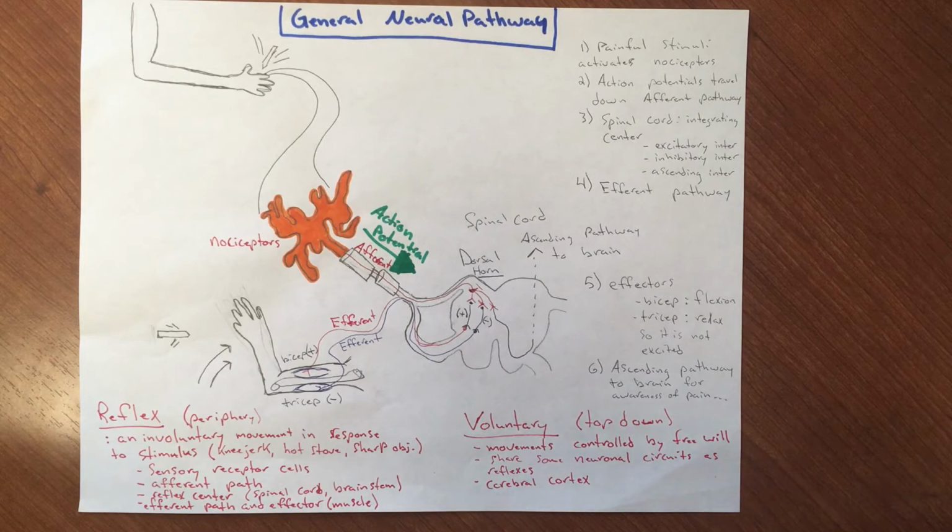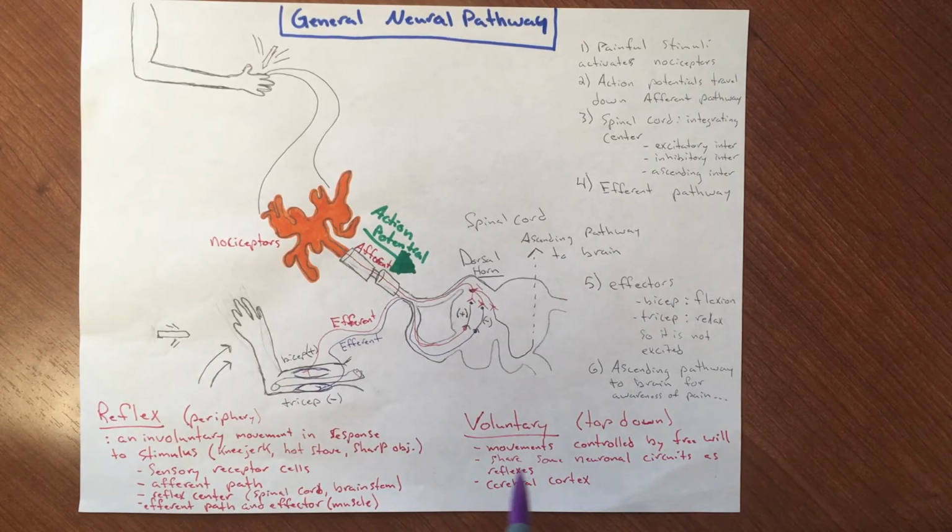These are received by sensory receptor cells that go through an afferent pathway and are processed in the reflex center or integration center, which for humans is the spinal cord and the brainstem. And then after it is processed, a signal is sent out on an efferent path and then eventually to the effector, which is a muscle. And that's the type of pathway that we're going to be talking about today.